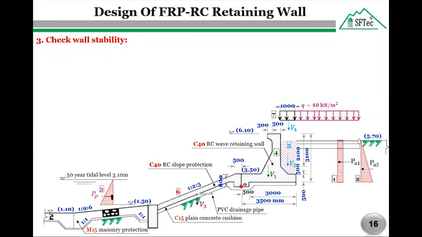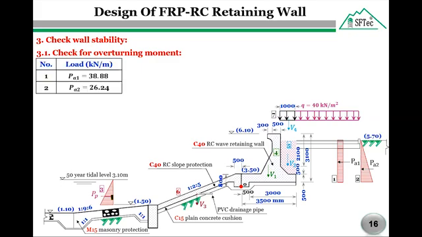After calculating the loads acting on the retaining wall, we have to check the wall stability. The first check we have here is a check for overturning moment. As we see here at the back of the wall, the lateral loads P active 1 and P active 2 tend to overturn the wall, while the vertical loads V1 and V2 due to the weight of the wall and soil tend to stabilize this wall.